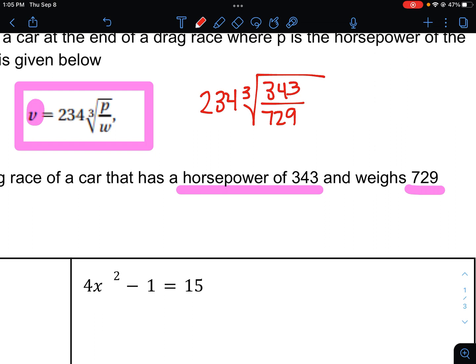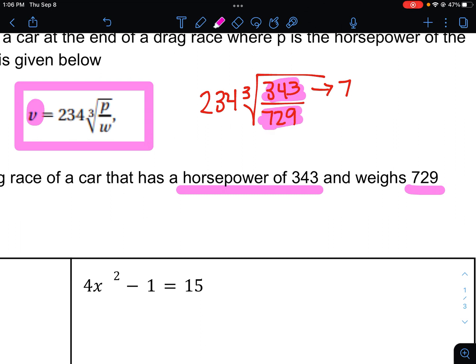So you're going to do that inside of the cubed root first, 343 divided by 729. If you do that, that comes out to a decimal. So then we think back on what's the other method. So we do the cubed root of 343 first, and then we do the cubed root of 729 second.